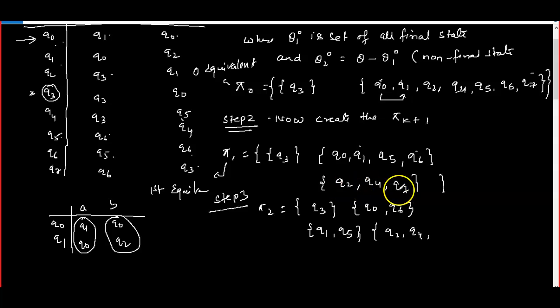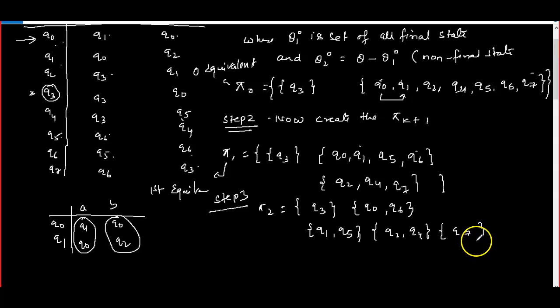Next, Q2 and Q7 we check. Q2 is this one and Q7 is this one. So Q3, Q6. Do Q3 and Q6 lie in the same set? No. So Q7 will go to a different set.